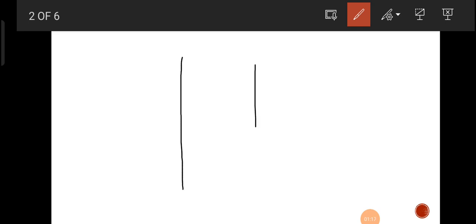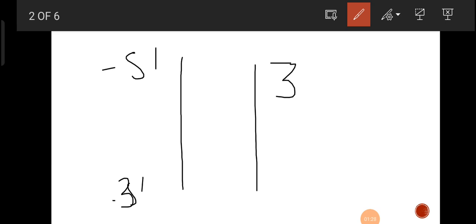Likewise, one end has 5 prime and the other has 3 prime. Where there is a 5 prime there is a 3 prime at the other end, and where there is a 3 prime there will be a 5 prime. Why are these called 5 prime and 3 prime? Because DNA has a 5-ring structure. In the case of 5 prime, the 5th carbon is free, and in the case of 3 prime, the 3rd carbon is free.